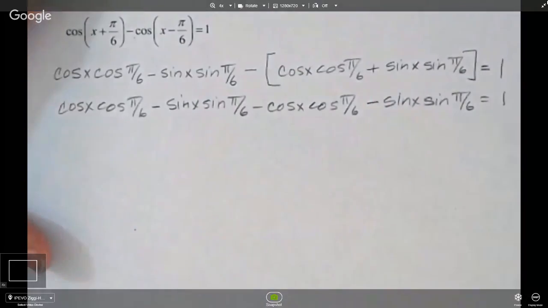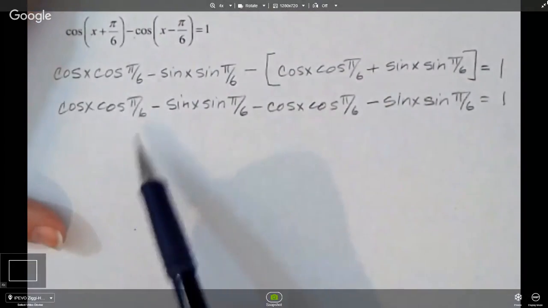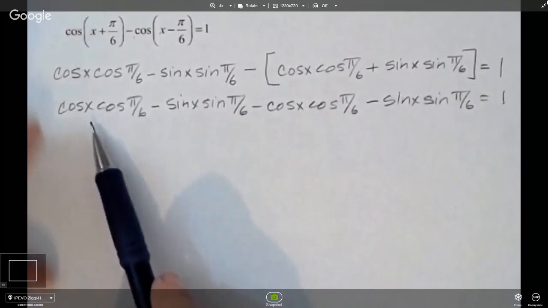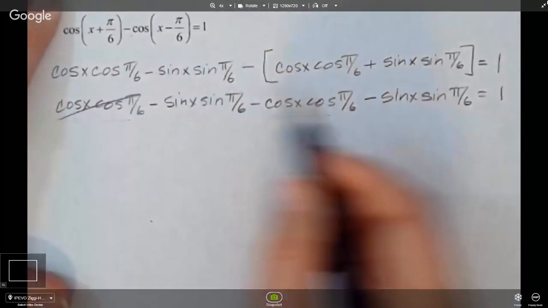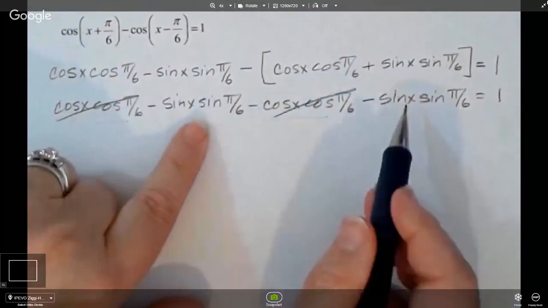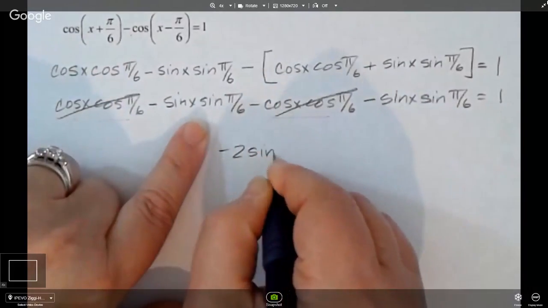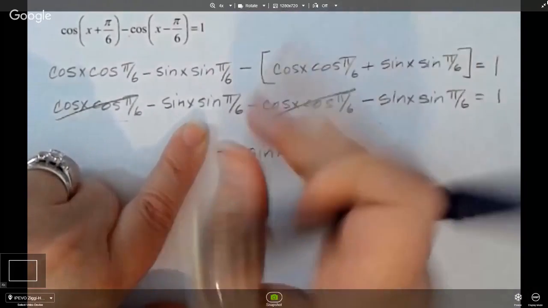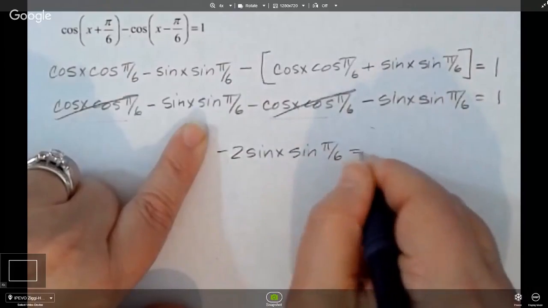Now, let's see if we have anything that cancels. Well, it looks like the first term and the third term cancel. So we're going to get rid of those. And then I have a -2 of these. So this is -2 sine x, sine of pi over 6 equals 1.